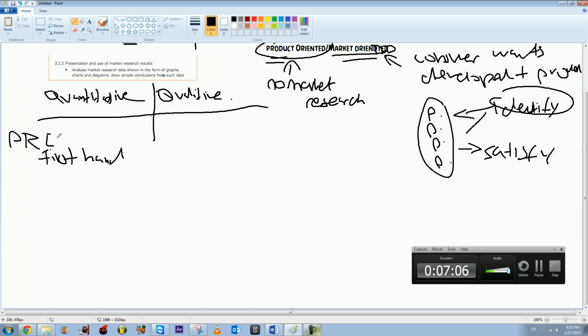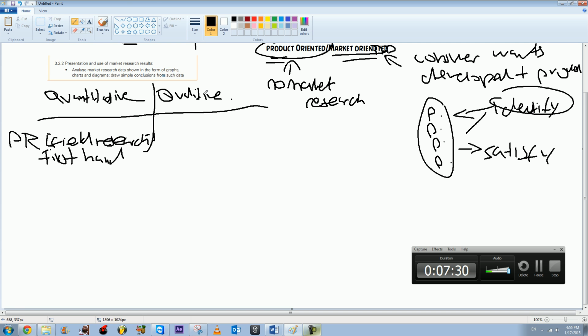Primary research could also be known as field research. I'll say that definition again: it's the collection and collation of original data via direct contact with potential or existing customers.